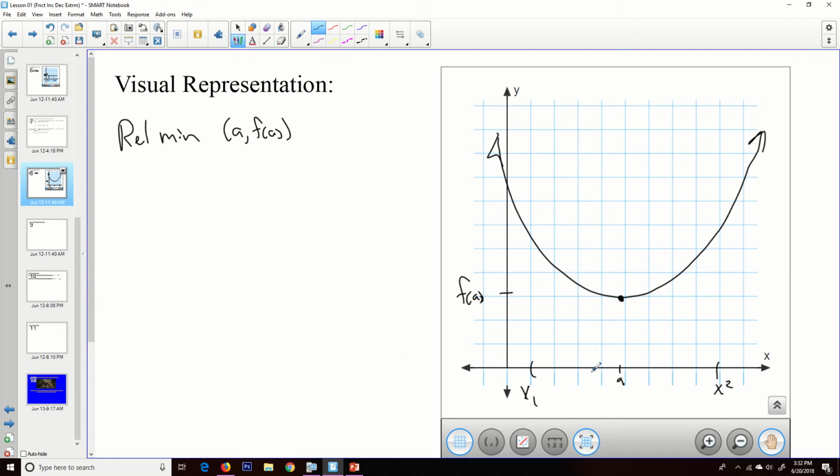Any other point that I pick between x1 and x2, if I pick this one at random and I call it x, then f of x is always going to be bigger than f of a. So f of x has to be bigger than f of a, although I think I wrote it opposite in the notes portion. All right.